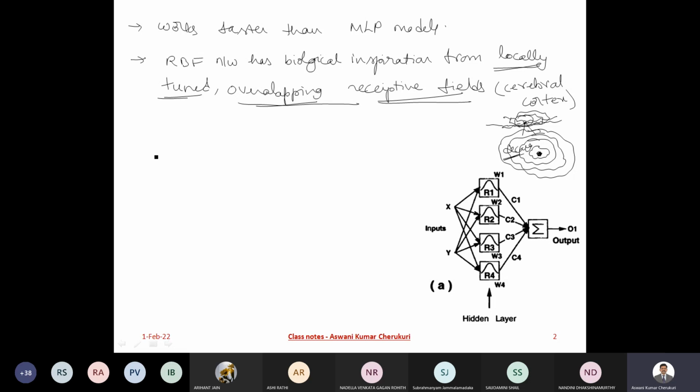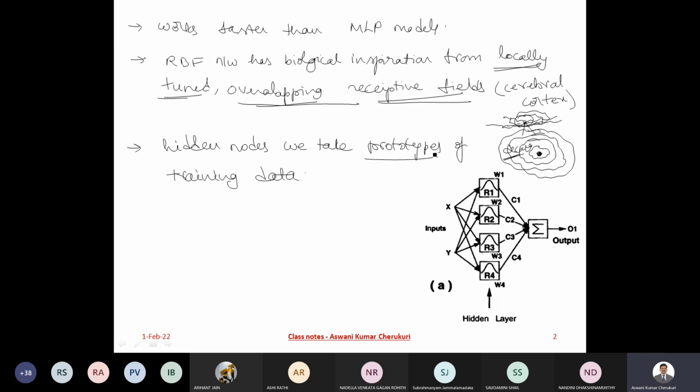What we do is, on the hidden nodes, we take prototypes of the training data. What do you mean by prototype? It is like a representation of the training data.